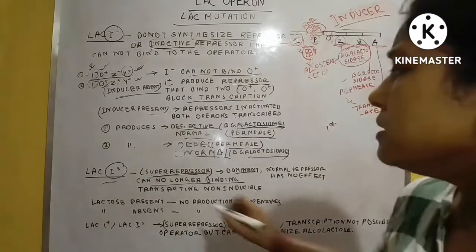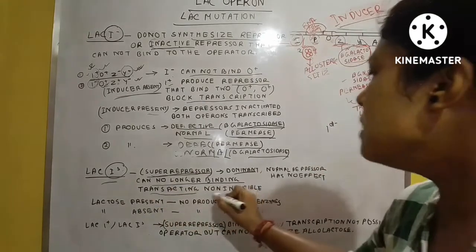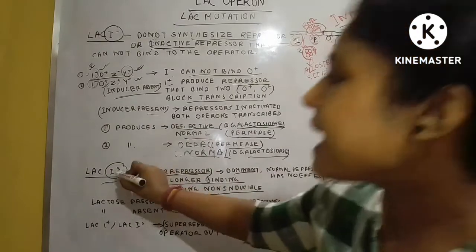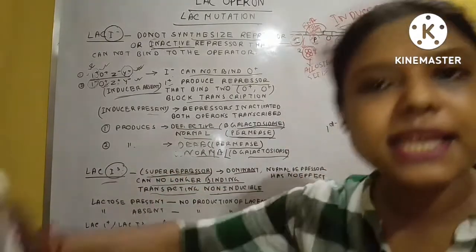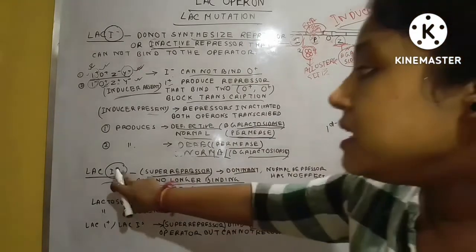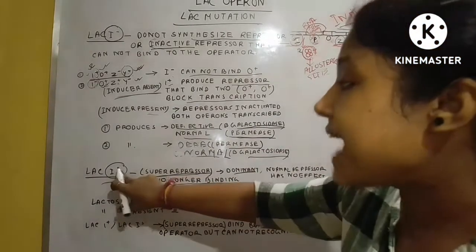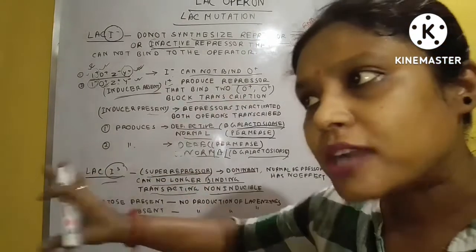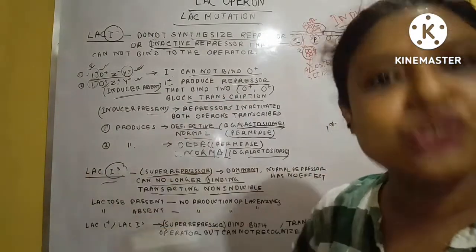So here the trans-acting is non-inducible. Non-inducible means it cannot recognize any inducer, okay? So it cannot recognize any type of inducer, no lactose, no allolactose, no other thing.